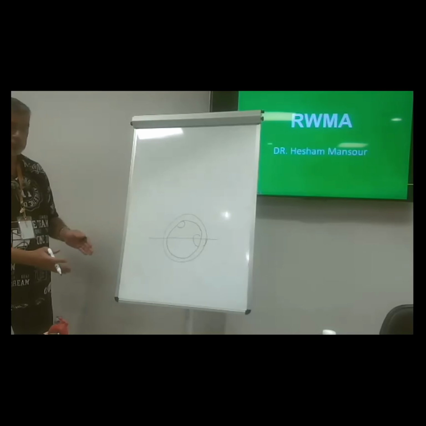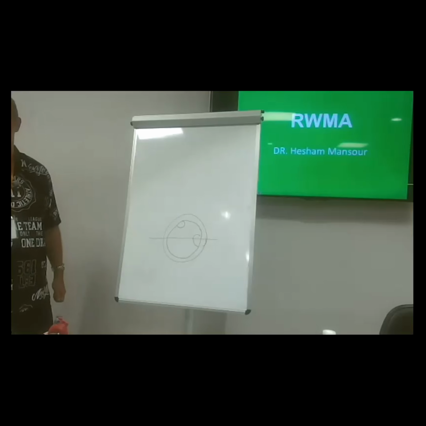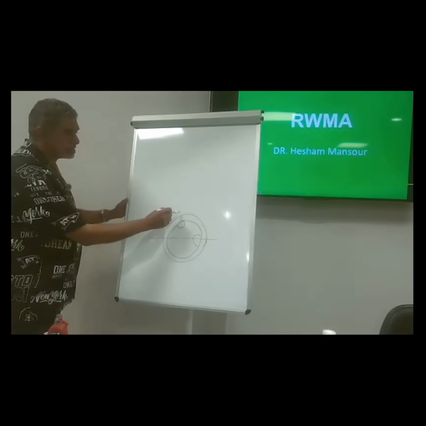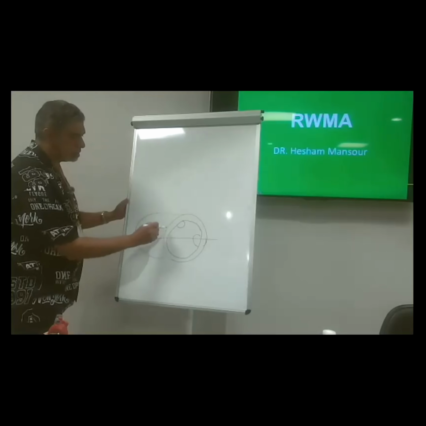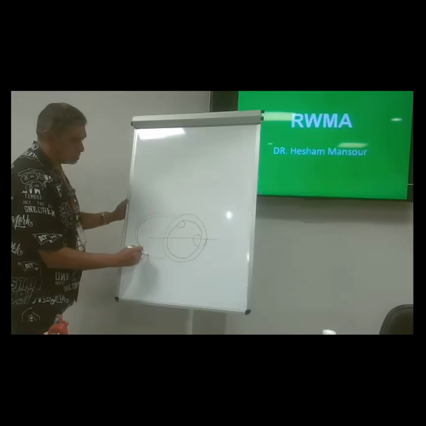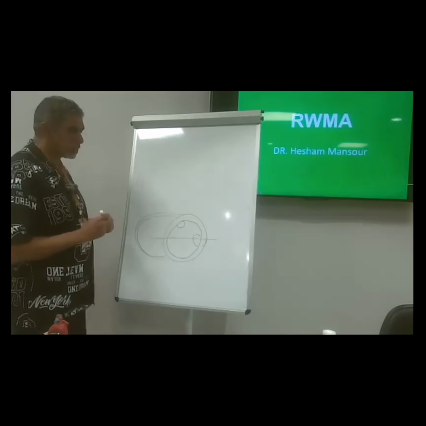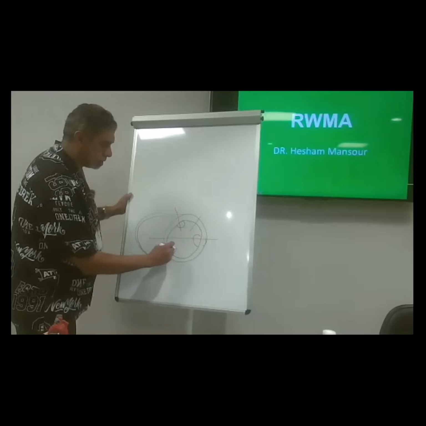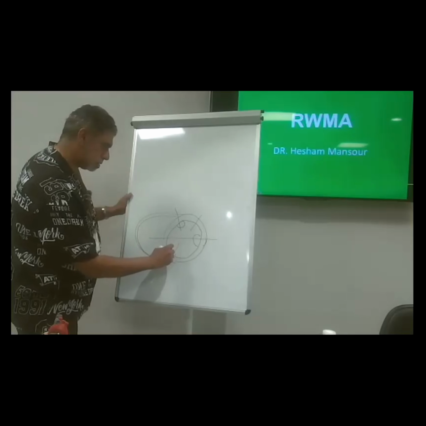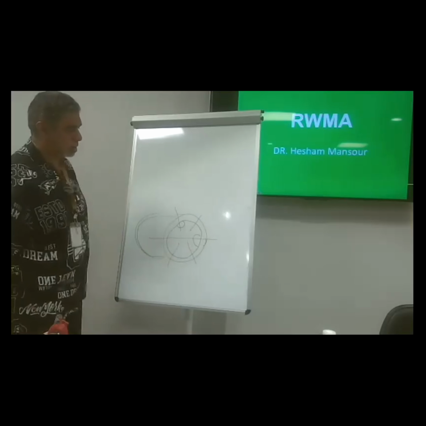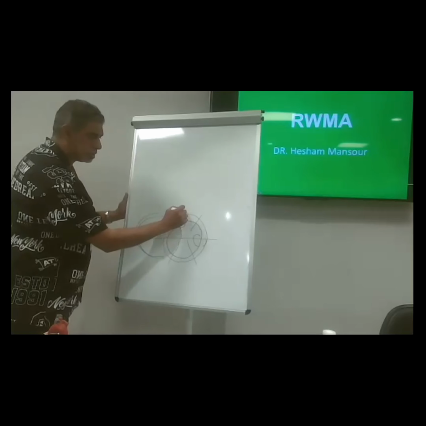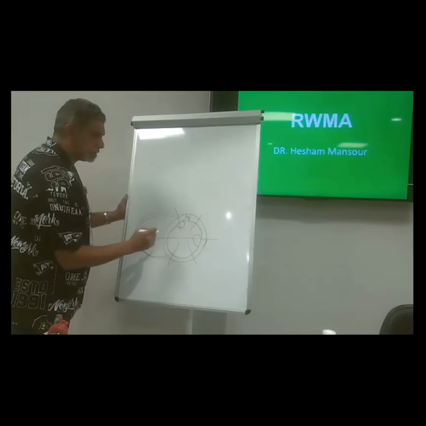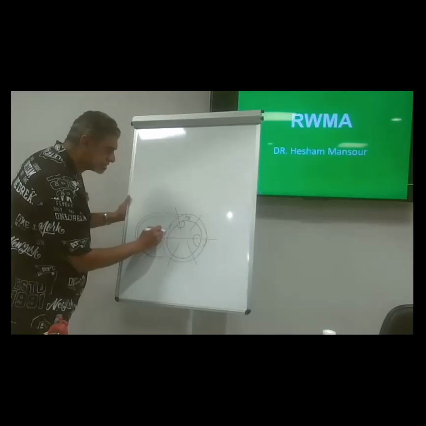Every piece of those will be divided into 3 pieces. Okay? If I said this is the RV, so if I made like this, this is inferior. This is inferoseptal.